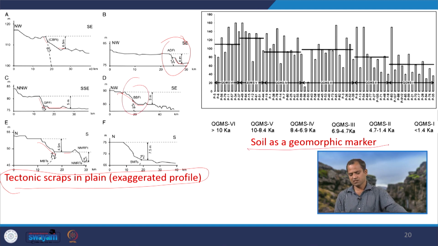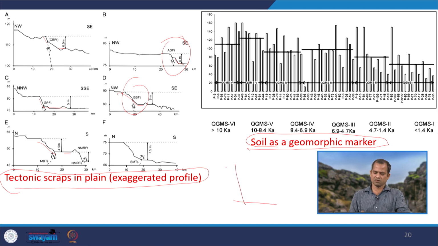And a very promising indicator is the soil as a geomorphic marker. The soil development, as we have discussed, gradually increases with time. So, older soil shows a high degree of development and younger soil a lesser degree of development. For example, a fault system that was active around 10,000 years back, the sediments deposited across it now show thick soil development.